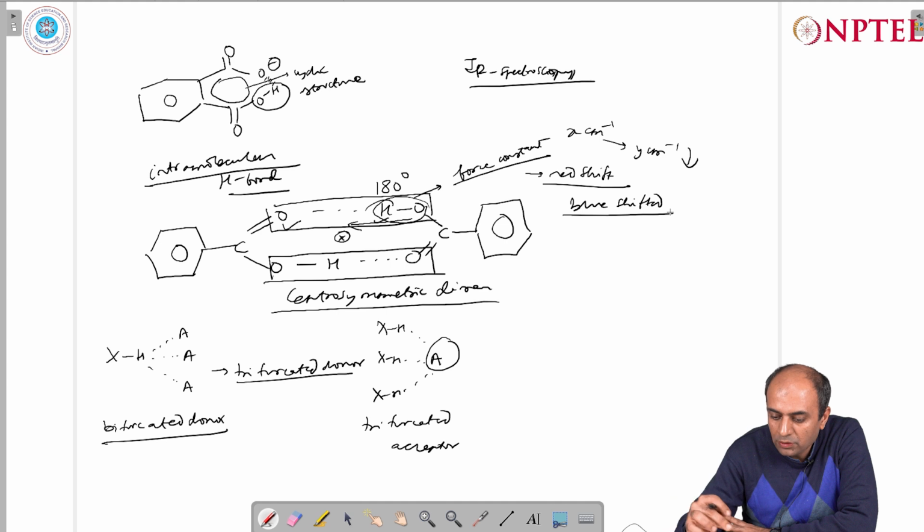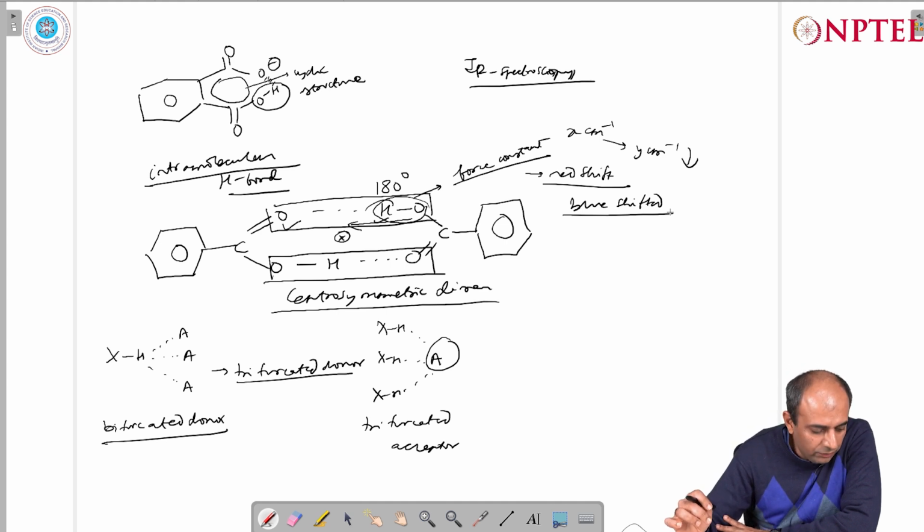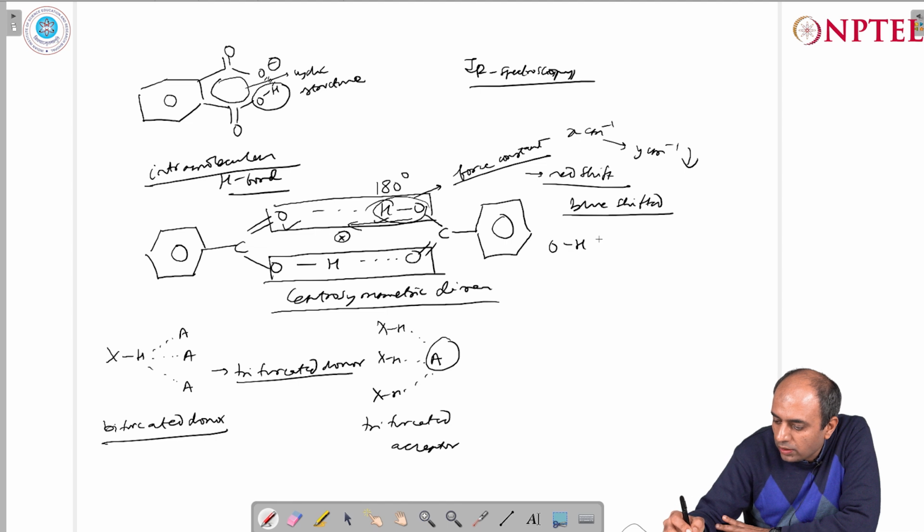hydrogen bonds. So what has been observed here, when you have strong hydrogen bonds, is that the stretching frequency for OH, which is 3400 centimeter inverse in the case of benzoic acid in the gas phase, is lowered in the liquid phase to 2500 centimeter inverse.